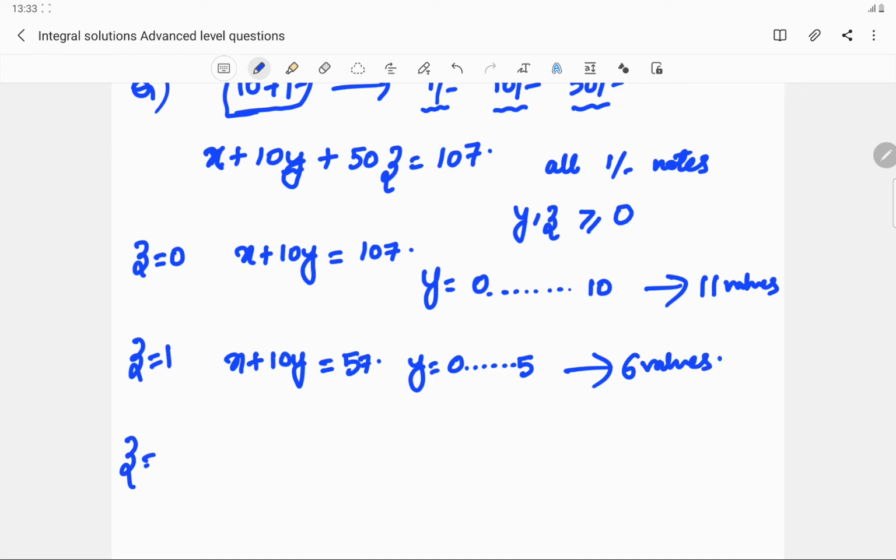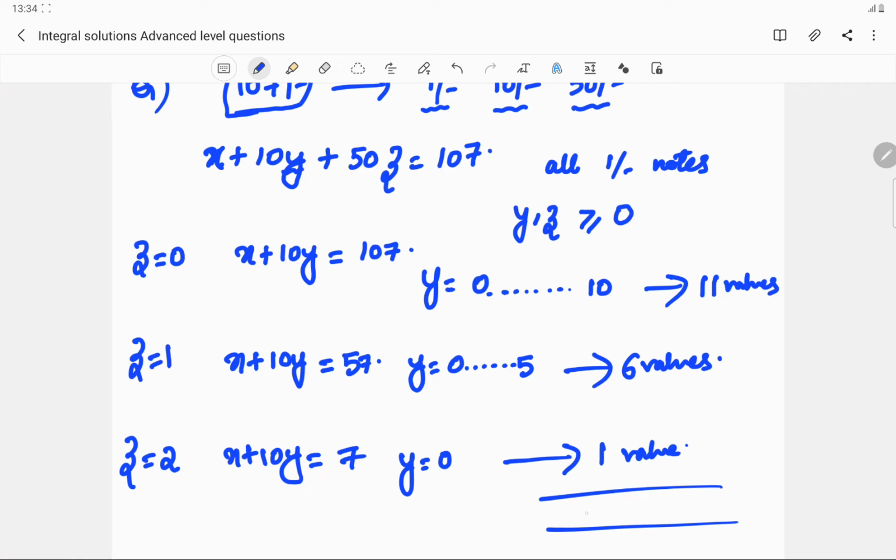Similarly, if z is equals to 2, x plus 10y is equals to 7. Here y can take only one value, that is 0. It cannot take 1 because it will become 10 and x will be negative, so there is only one value. So the final answer to this question is 11 plus 6 plus 1, which is 18.